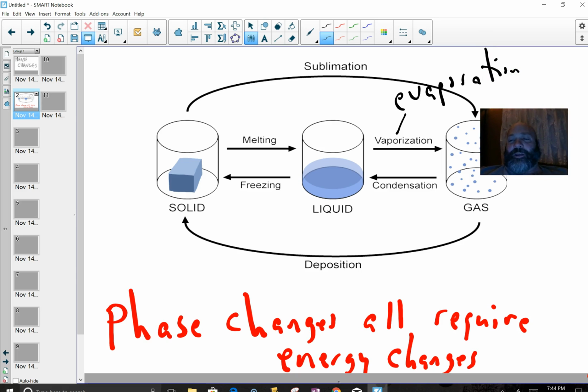We'll also review one particular term, something called a vapor. And going the other way, you have gases going to liquids, which is condensation, and liquids to solids, which is freezing. And then you have sublimation and deposition, which is that direct change from a solid to a gas or a gas to a solid.